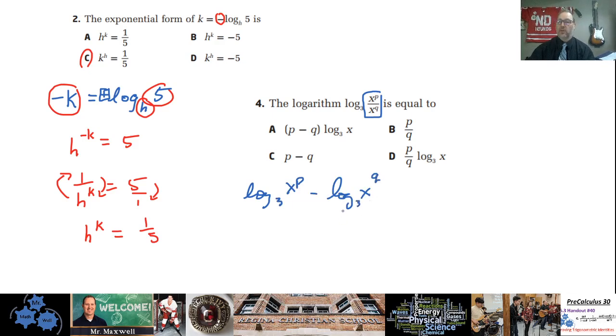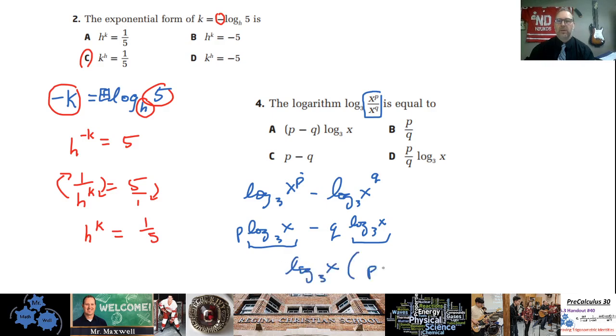You could also move these exponents down to the front. So you have p log x base 3 minus q log x base 3. Wonderful. So these are just all using properties here. Notice now I have log of x base 3 as a common factor. If I take that out, I'm left with p minus q. So that's really p minus q times log x base 3, and I see that right here.